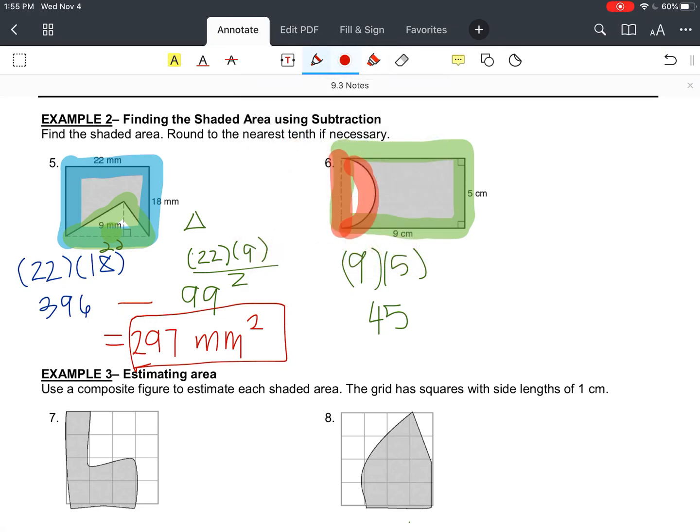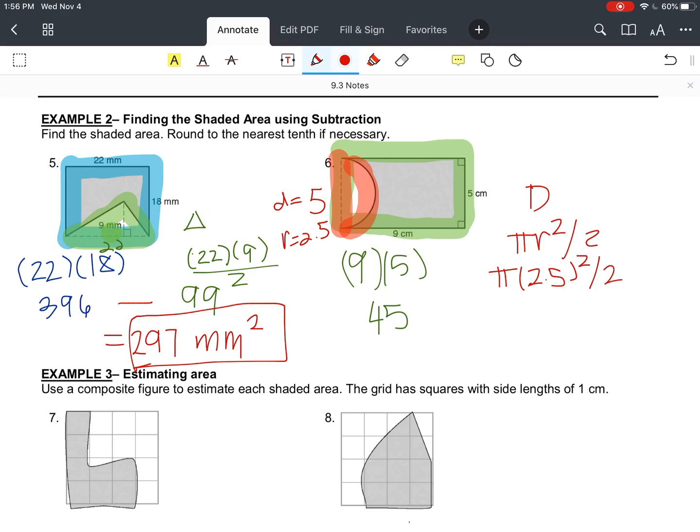Now let's find the area of the semicircle to subtract off. Well, I need to know what the radius is because remember, for a semicircle, it's going to be pi r squared divided by 2. Well, my diameter is 5, so my radius should be 2.5, half the diameter.